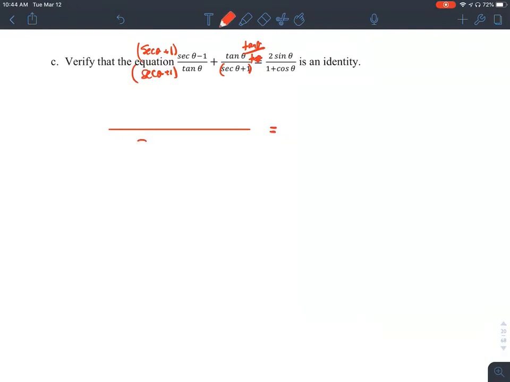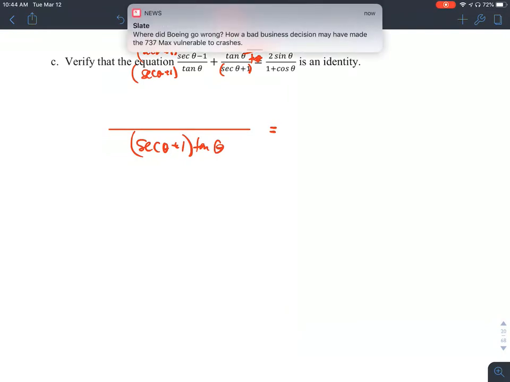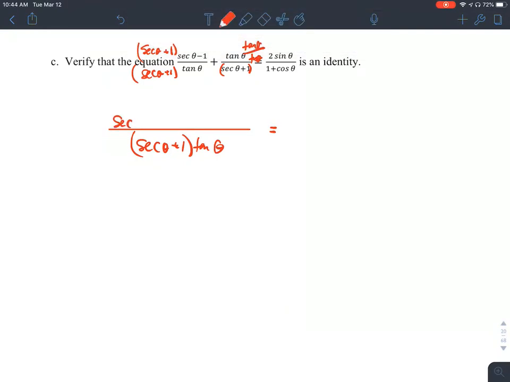Gives me a denominator of a secant of theta plus 1 times tangent of theta. In my numerator, I have a secant of theta plus 1 times the secant of theta minus 1 plus a tangent of theta times the tangent of theta.